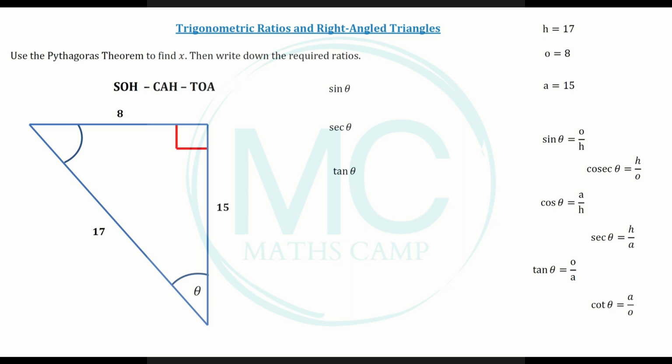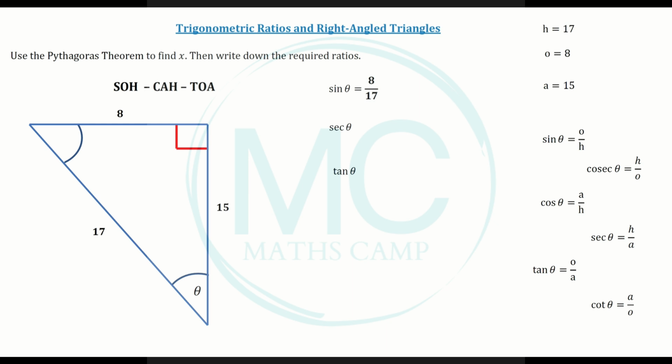Sine theta is equal to the opposite over the hypotenuse. So in this case, sine theta is equal to the opposite, which is 8, over the hypotenuse, which is 17. Sec theta is equal to the hypotenuse over the adjacent side.